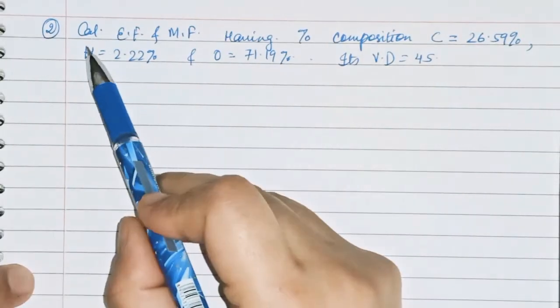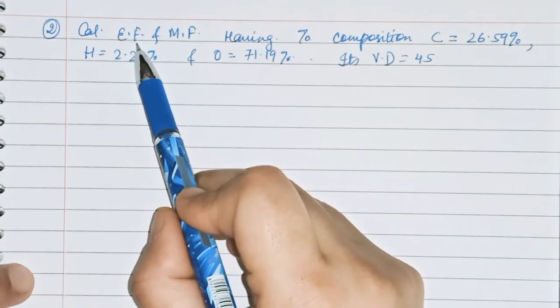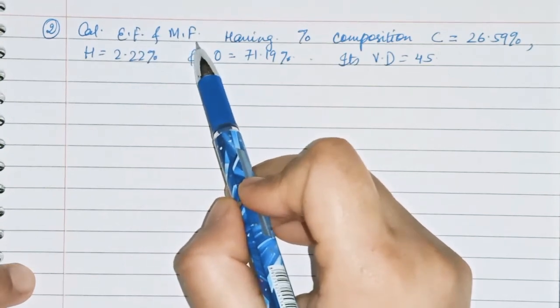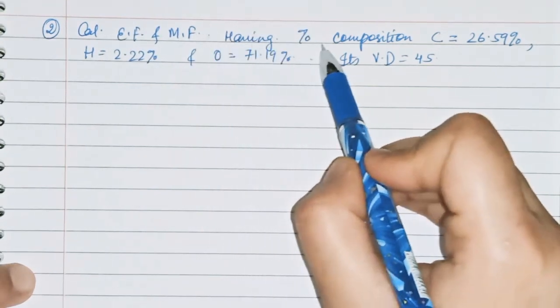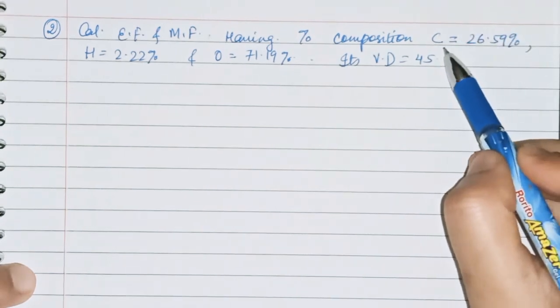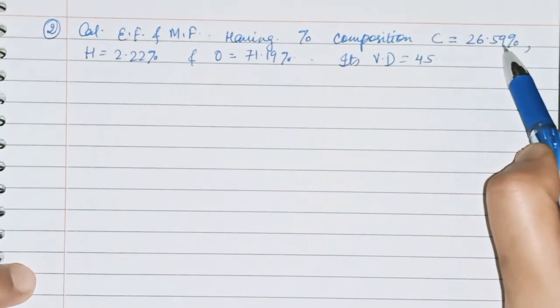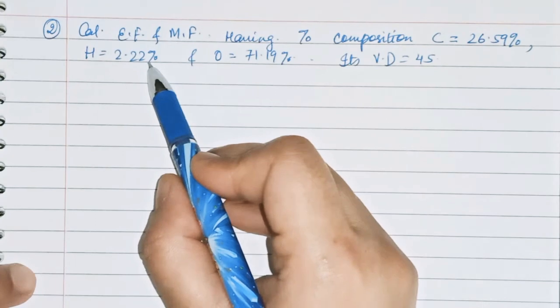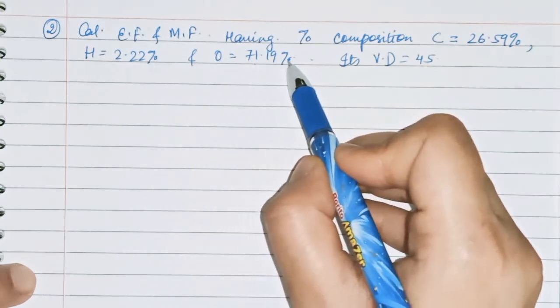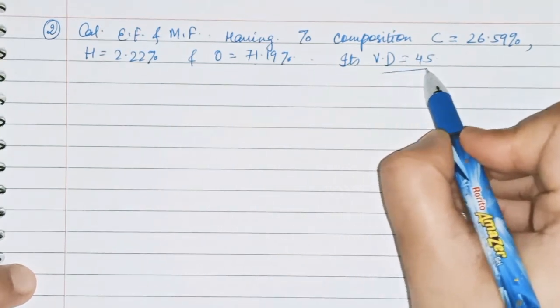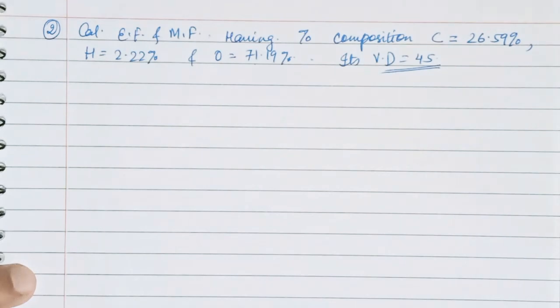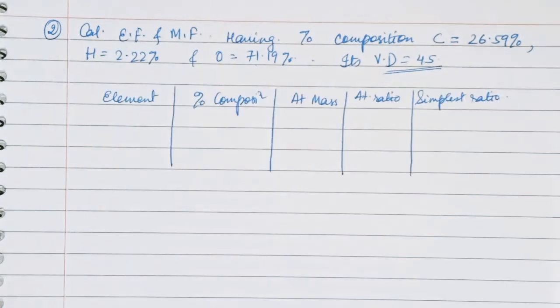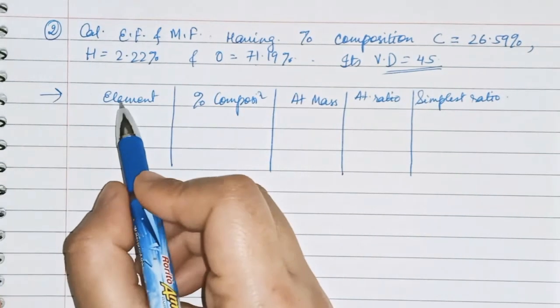Now the next question is: calculate the empirical formula and molecular formula with percentage composition. It is given for carbon 26.59, hydrogen 2.22 and oxygen 71.19, and the vapor density is given here, that is 45. So you will write your answer like this.